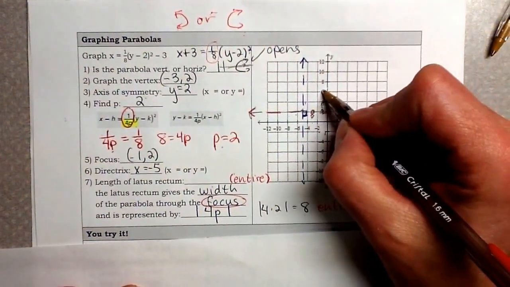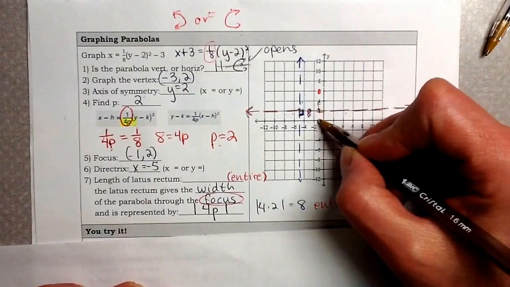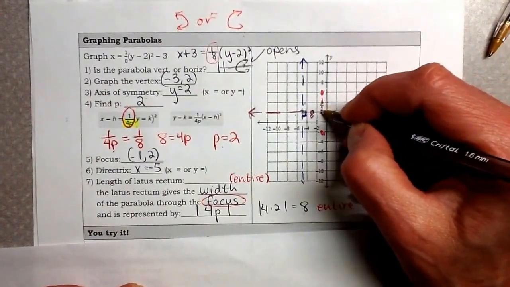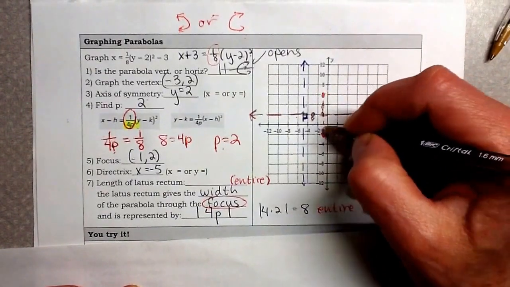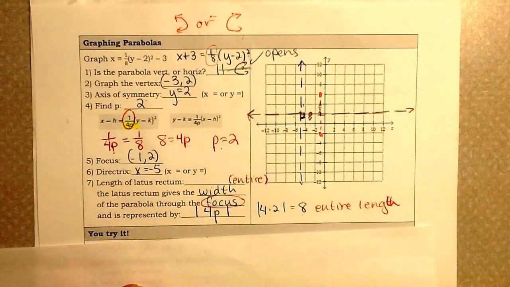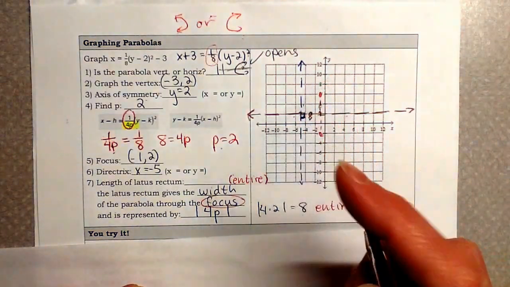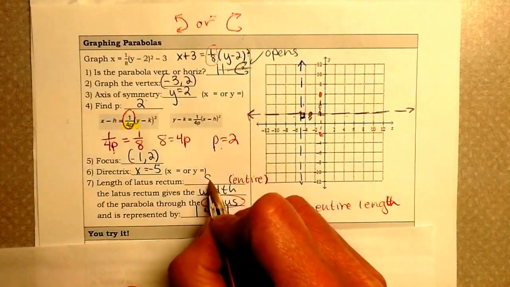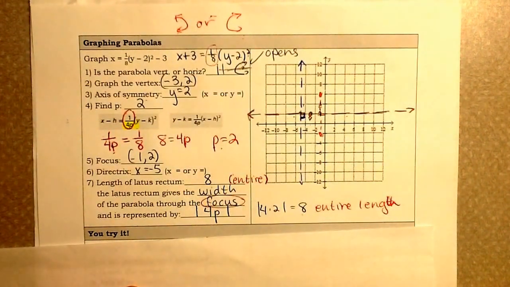So 2, 4, it's going to be up here, and 2, 4 down here. Okay, and then I'm just going to put a dashed line through the focus across to the other point here. This is 8 units, the entire length.